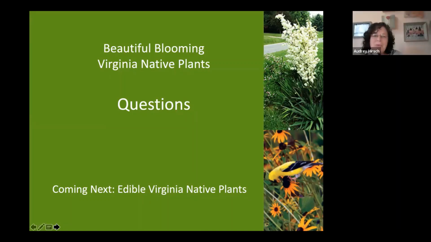Next question. What is a nativar versus a straight species? Is one better than the other? That is absolutely a matter of opinion. There are those people who get specific about whether it was actually native in this county and not the next county over.